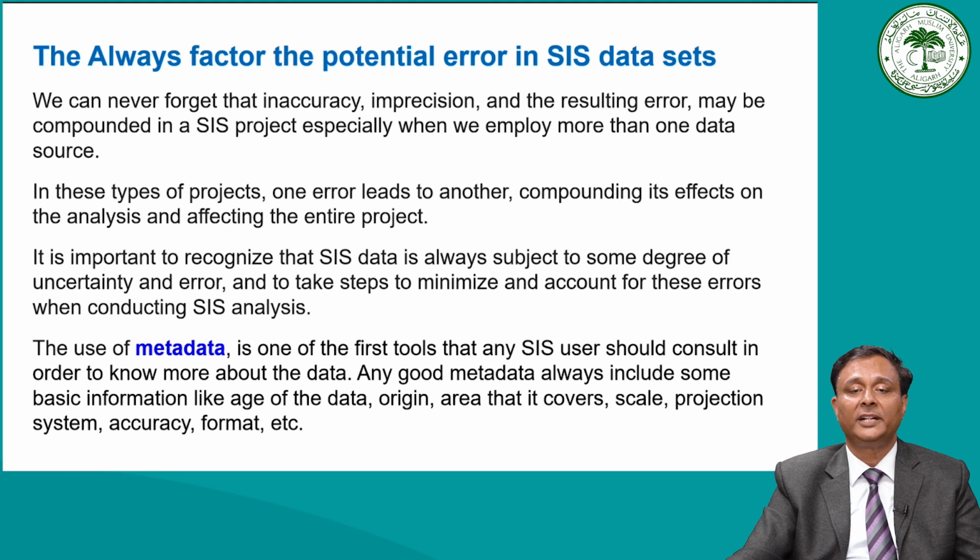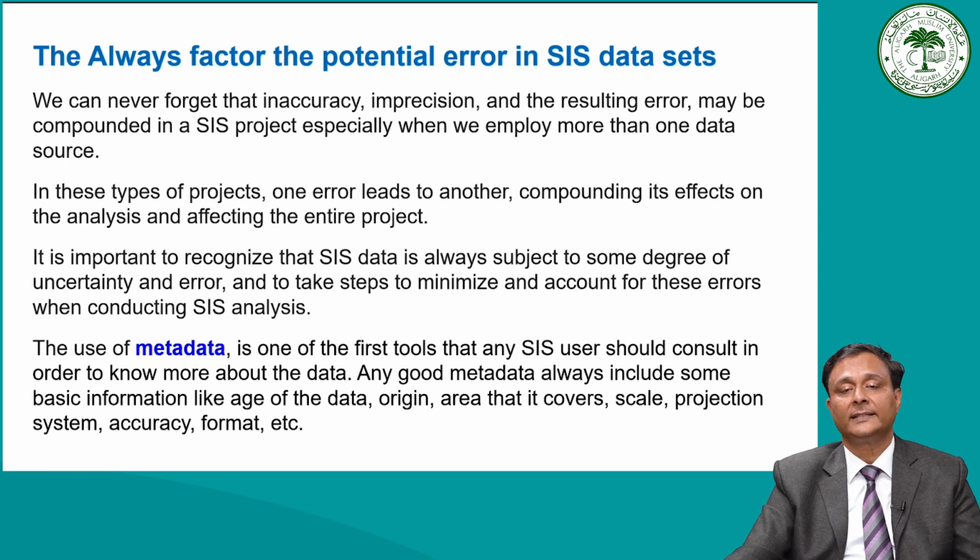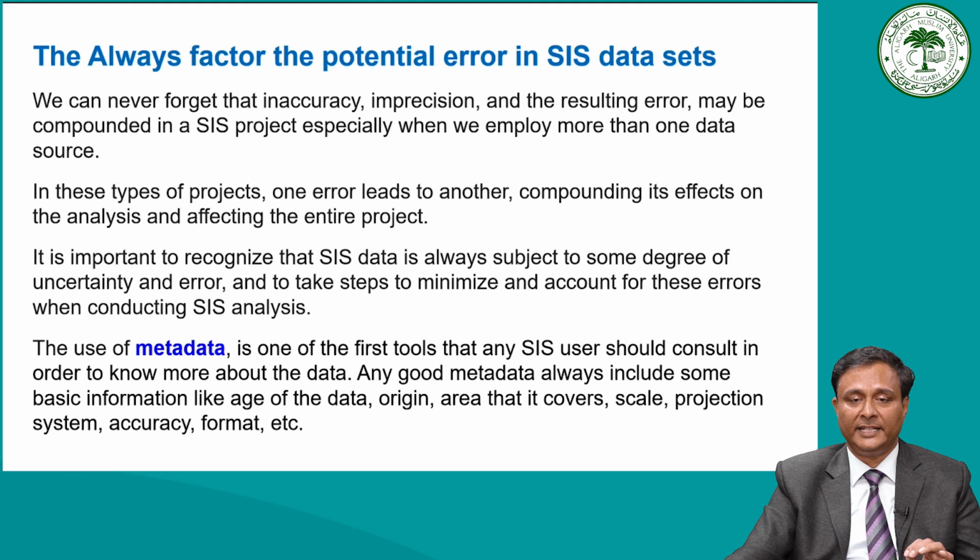This may involve multiple sources of data, validating and cross-checking data, and being transparent about any limitations or assumptions in the analysis. Simply because, as we are explaining again and again, if in the initial stage the data has some inherent errors, it will multiply subsequently when we perform some kind of analysis using this erroneous data.